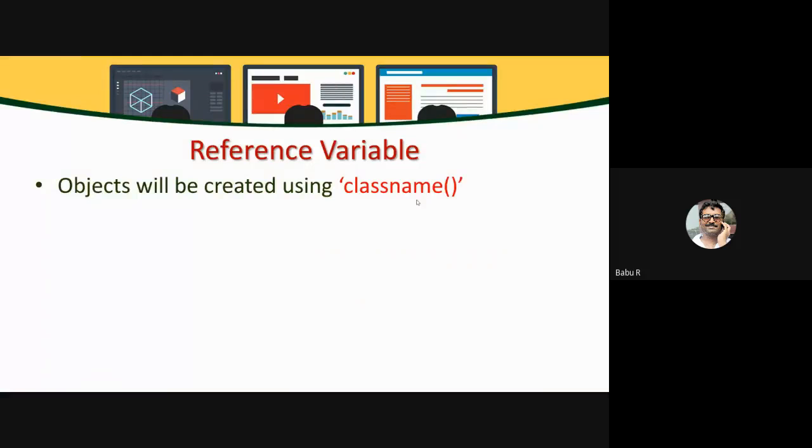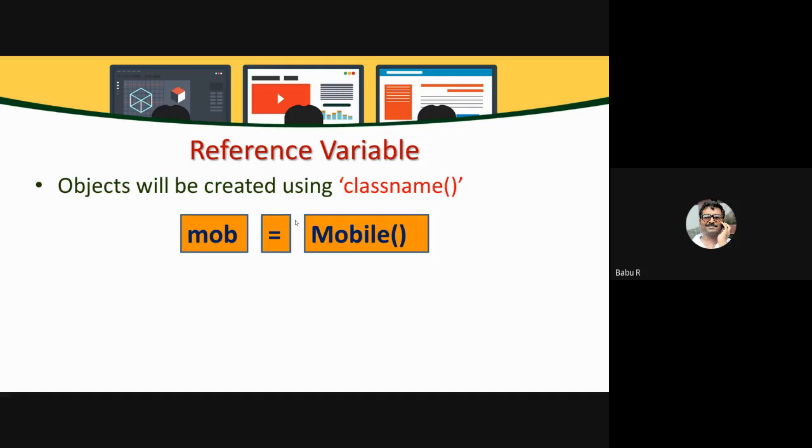First, the reference variable. We know how to create an object in Python. An object in Python needs to be created with the following syntax. Here, Mobile is your class name, followed by an open bracket and close bracket.